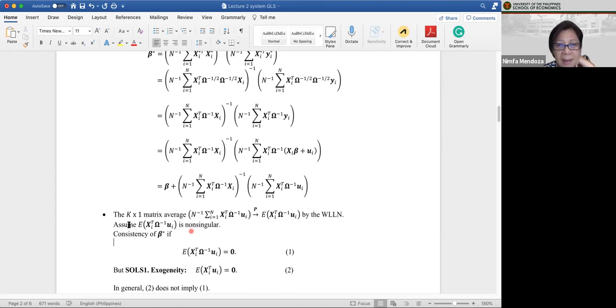So let us assume now that this matrix of expectations is non-singular.